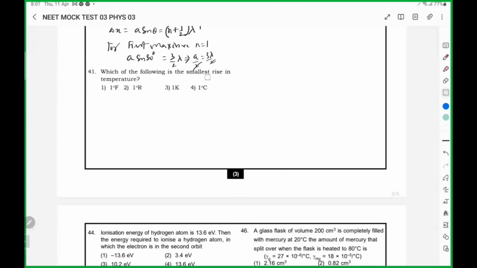What is the smallest rise of temperature? First, we should know how temperature scales are designed. All scales are designed based on the freezing and melting point of water.